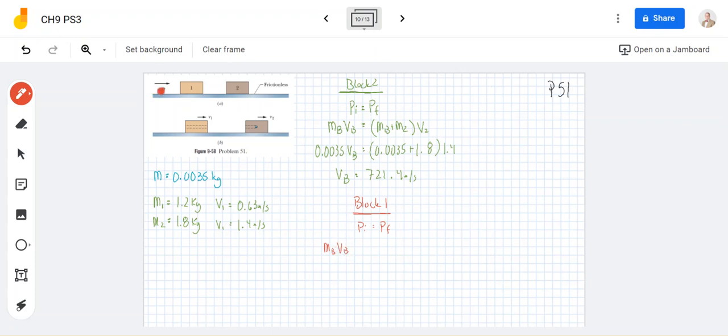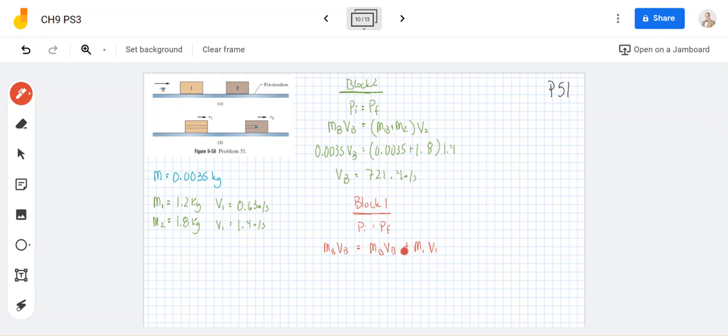Now this is way back here, not the between, but the way back. And afterward, it's the mass of the bullet times the velocity of the bullet, plus the mass of block 1 times the velocity of block 1.